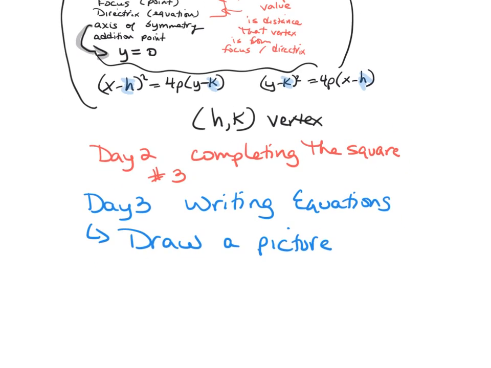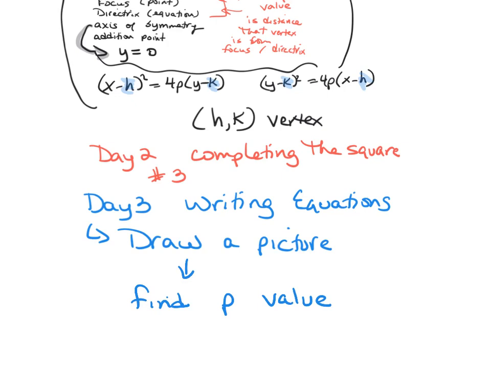So your key thing to look for when you're writing the equations is you need to find the p-value. So if they give you a focus and a vertex, once it's graphed, you could just count the spaces. If they give you a directrix and a focus, you know that vertex needs to be right in the middle there.